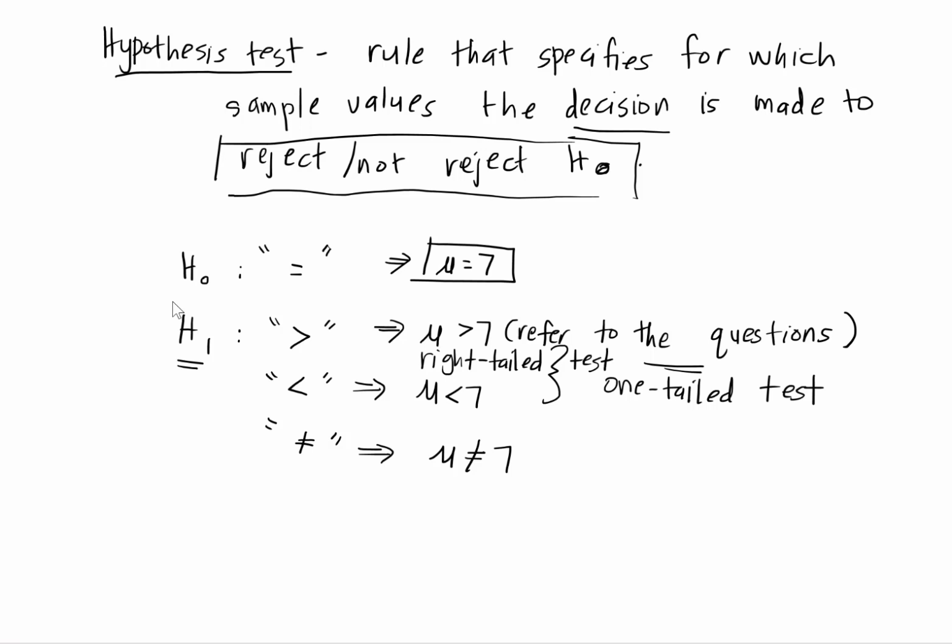Then, if your mean is less than 7, that means it's a left tail test. But if your mean is not equal to 7, that means it's a right and left tail test. It's both, a right and left tails test. So now let's look.